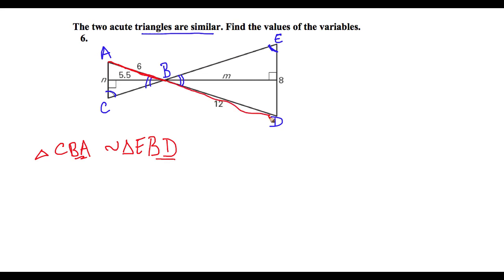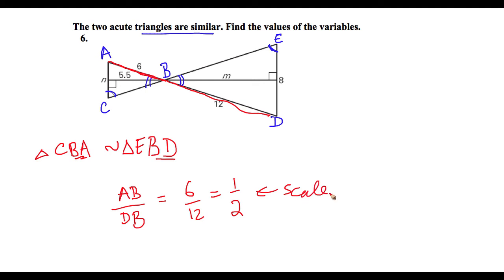So that's very convenient. This is going to give us the scale factor. So we can say that AB over DB is going to equal 6 over 12, which reduces to 1/2. And this is our scale factor, which is very useful in solving the rest of the problems.